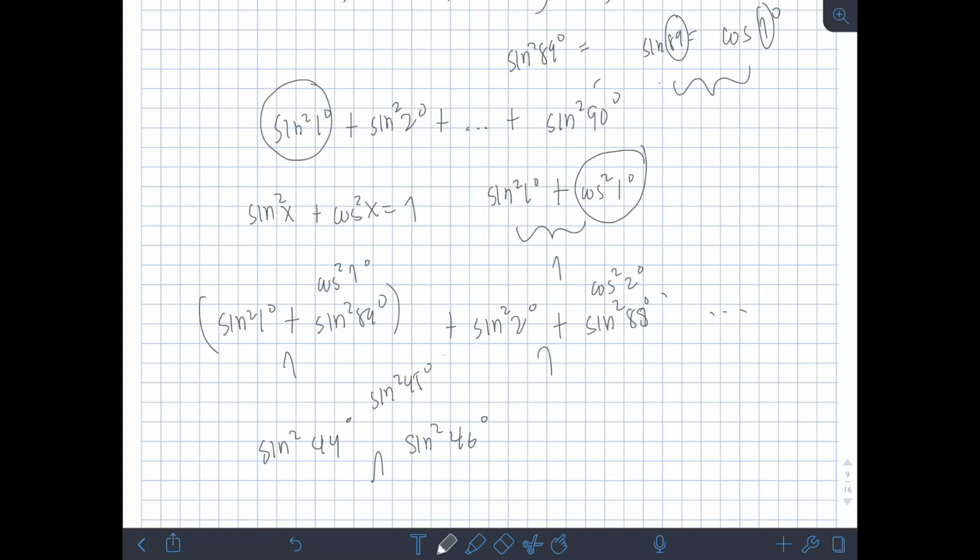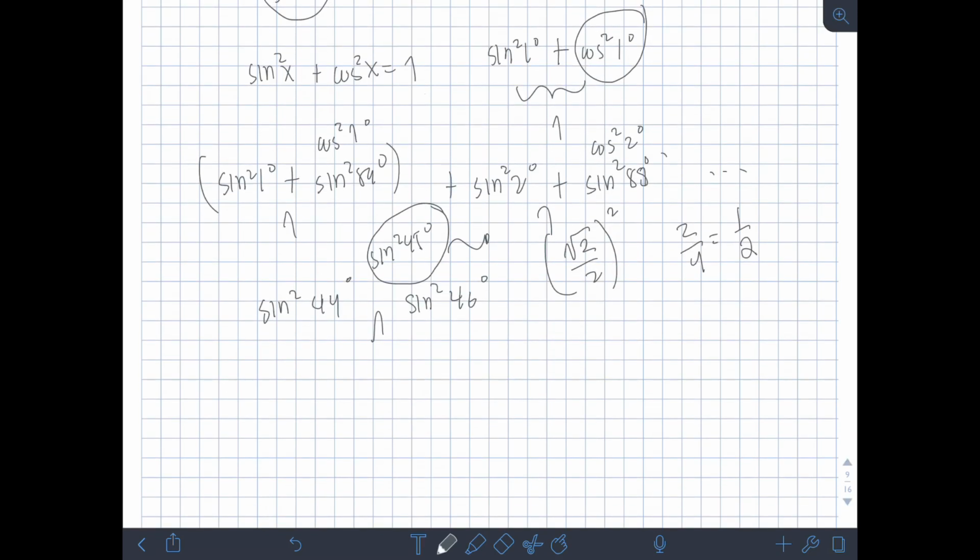So pwede natin itong isolve as, square root of 2 over 2 or simply, pag in-square pa natin siya, we have 2 over 4 or 1/2. So therefore, meron tayong from sine squared 1 degree to sine squared 44 degree, meron tayong 44 na 1. Kasi naka-pair siya doon sa from 46 to 89 degree.